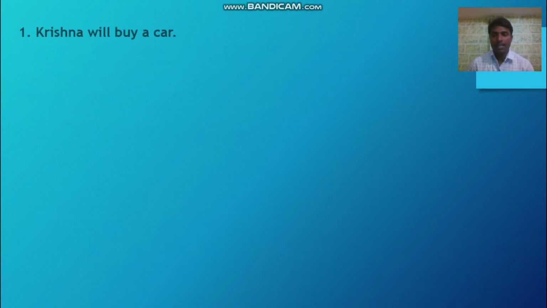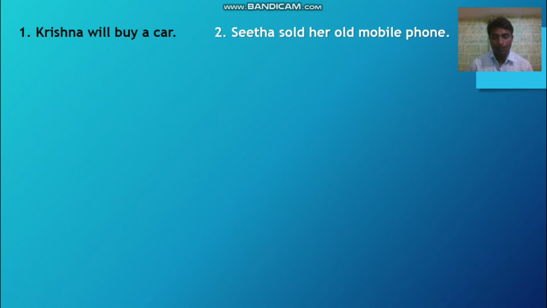Firstly, we have the sentence Krishna will buy a car, and secondly we have another sentence, Sita sold her old mobile phone. If you observe the first sentence, Krishna will buy a car, to get what is in the subjective case and what is in the objective case, we need to ask a few questions.